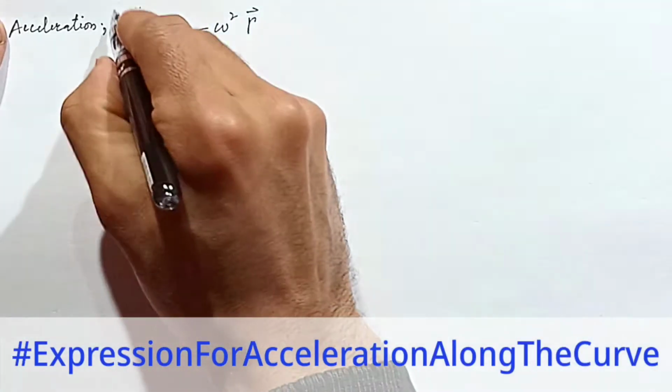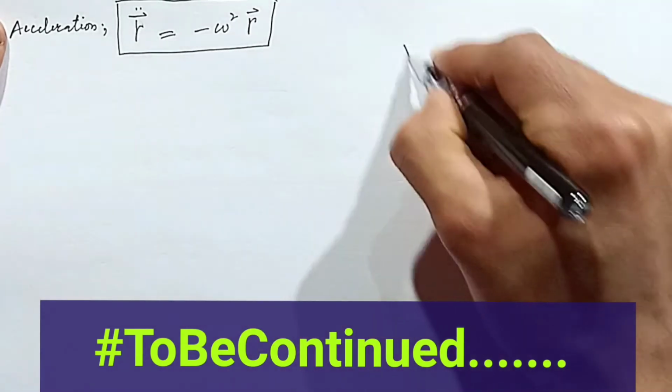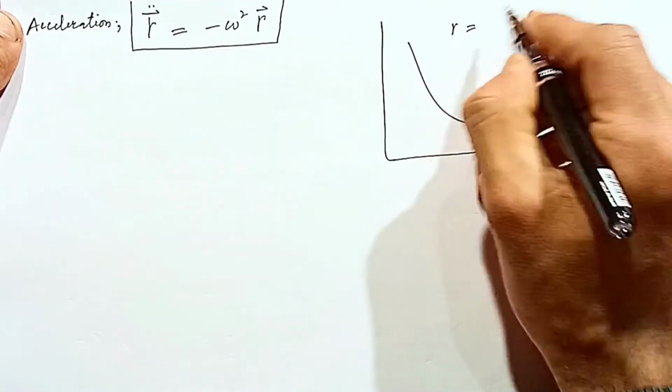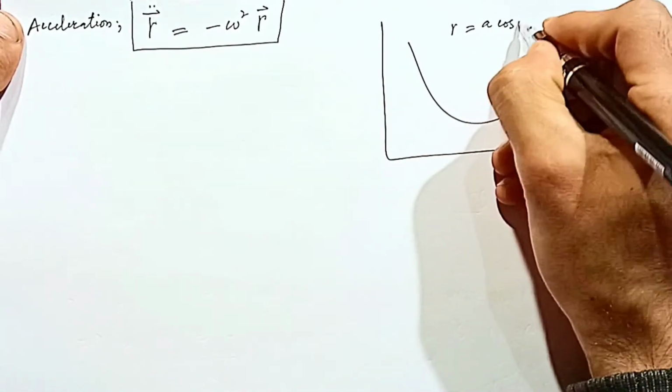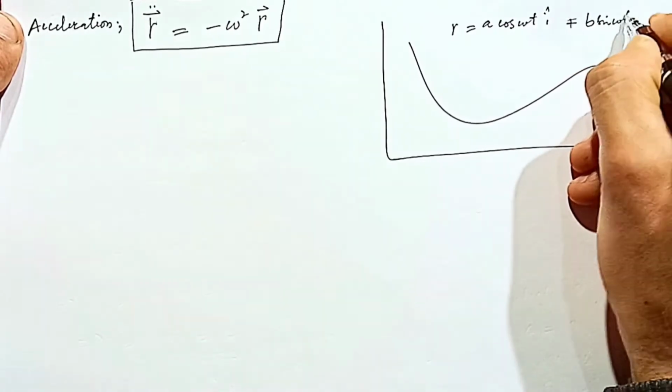This will be the acceleration of the body which is moving along some curve with r equal to a cosine of omega t i plus b sine of omega t j.